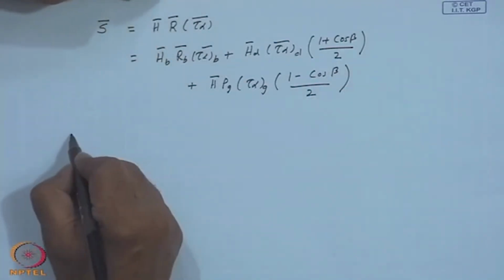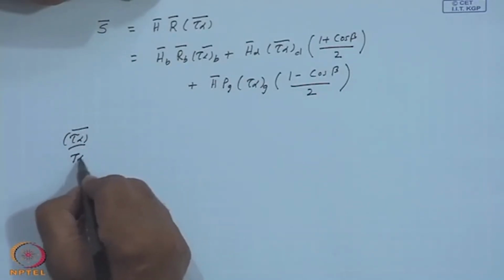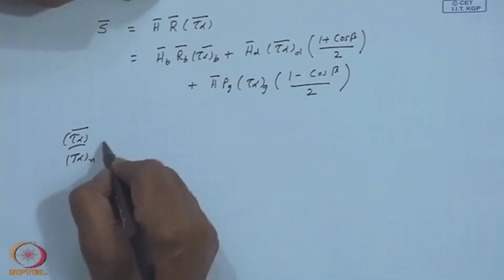So what we want is tau alpha bar by tau alpha n. So I can divide throughout with this.